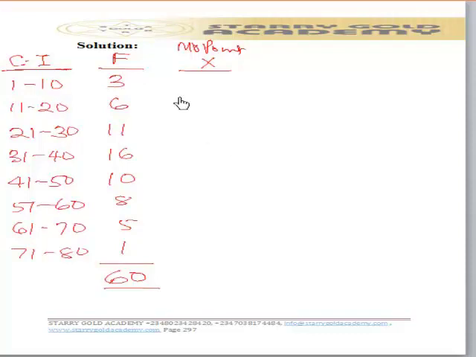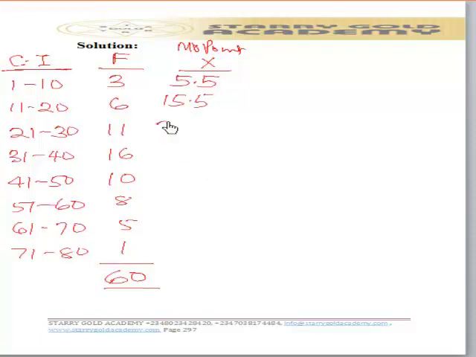This is 5.5. We write 5.5 here. Then we have 11 plus 20. This is 31 divided by 2. That will give us 15.5. The next one is 21 plus 30, and this is 51 divided by 2. That's 25.5.